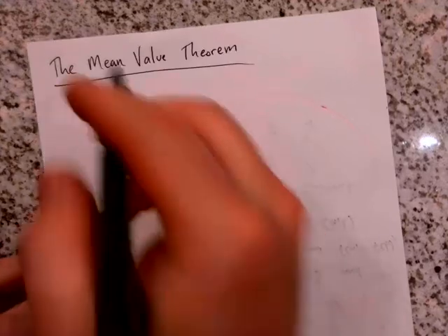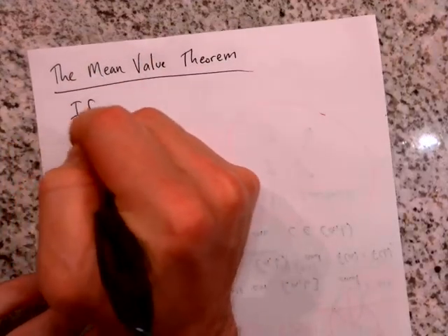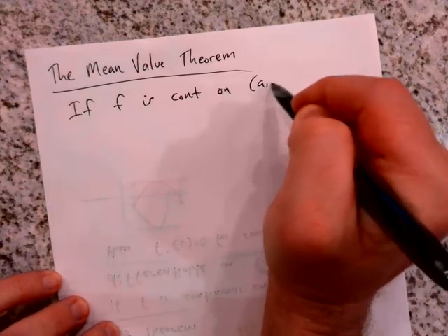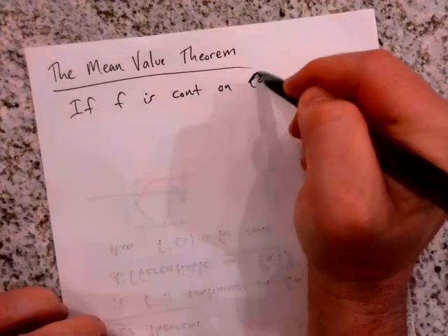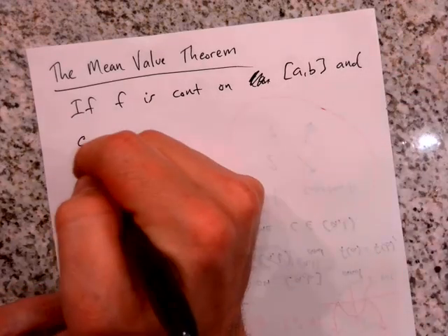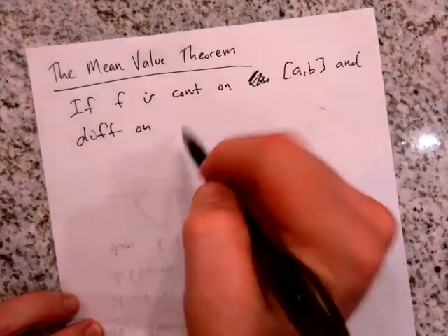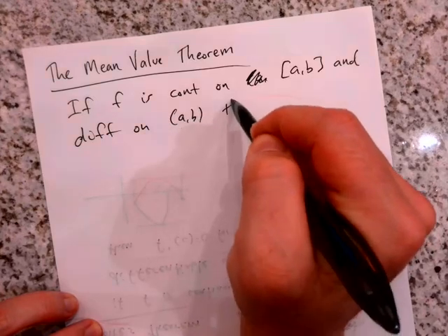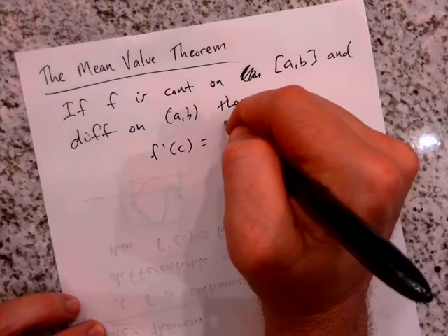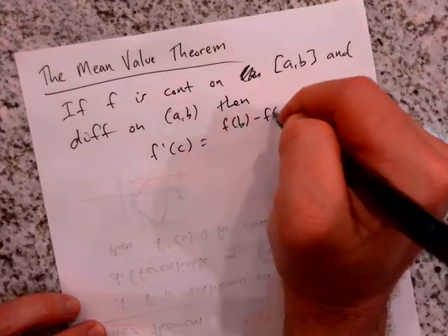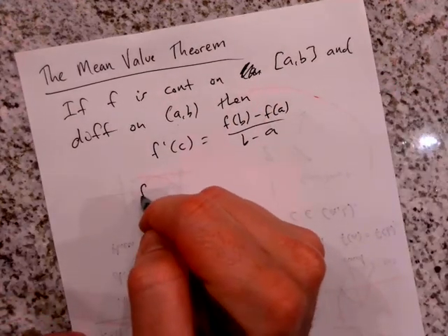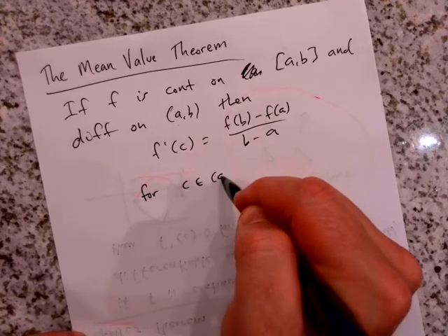If f is continuous on the closed interval a, b and differentiable on the open interval a, b, then f prime of c has to equal f of b minus f of a over b minus a for at least one c in the open interval a to b.